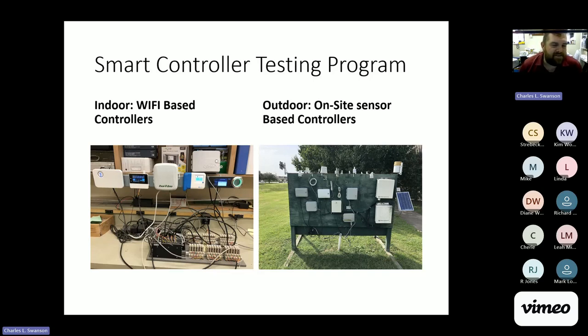These are the ones that connect to your home network, and they're tied into an online weather resource to collect real-time data to then calculate irrigation requirements. So both programs are running side by side. Just one's in the laboratory using Wi-Fi and internet data, one's outside using its own sensors.